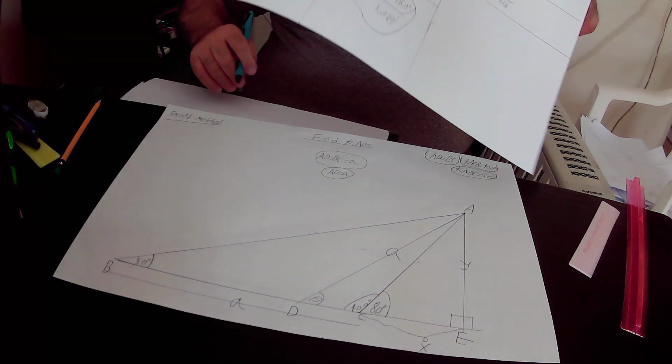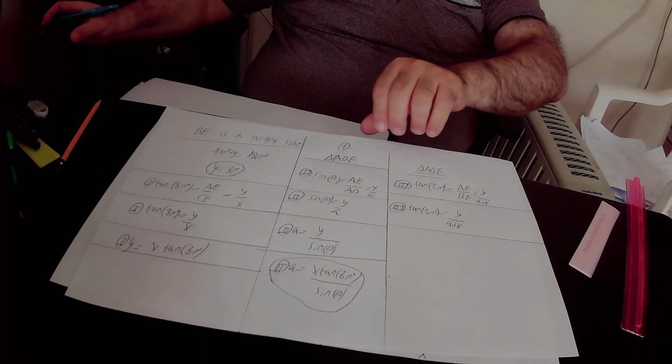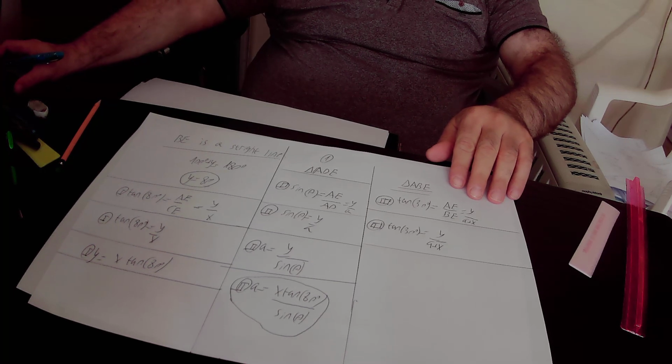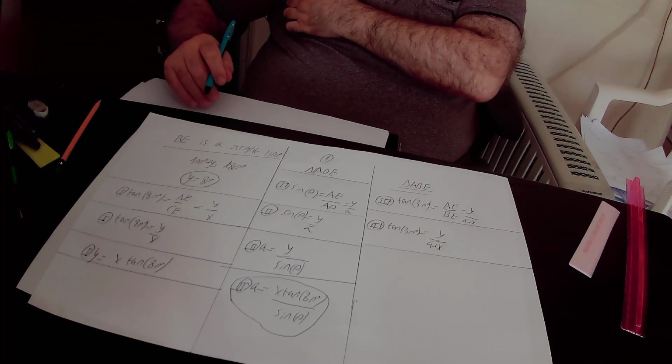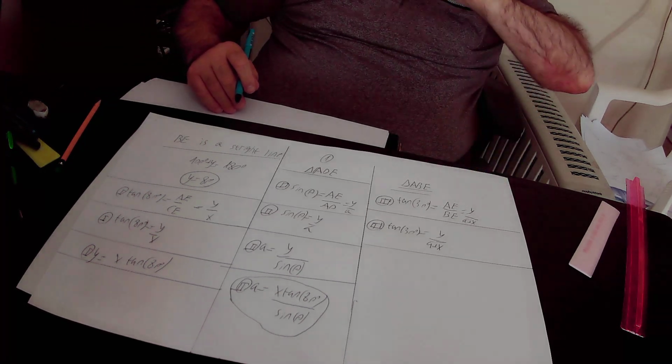I repeat again. According to equation number 3, tangent 30 degrees equals y over A plus x.